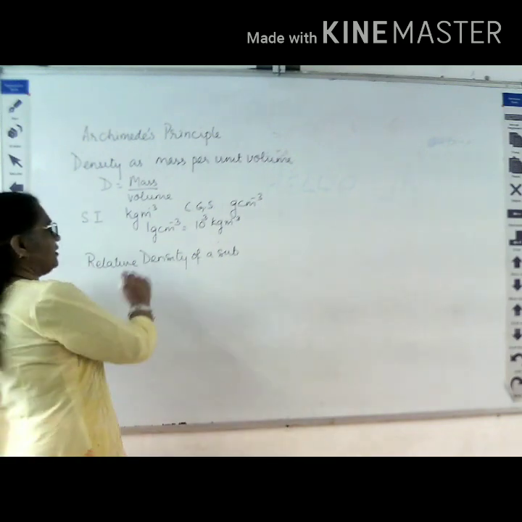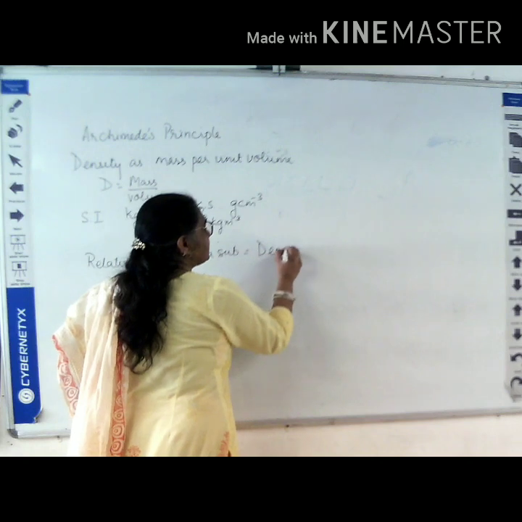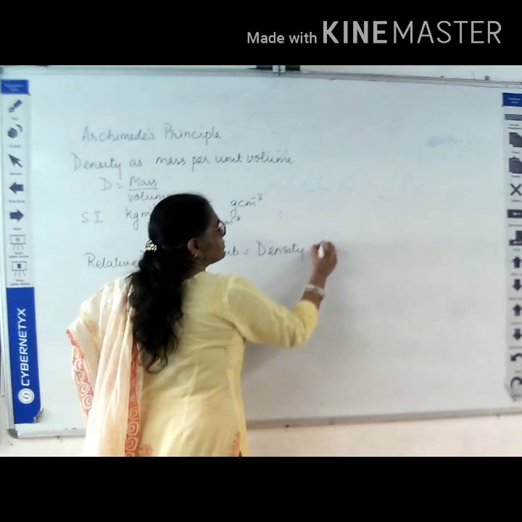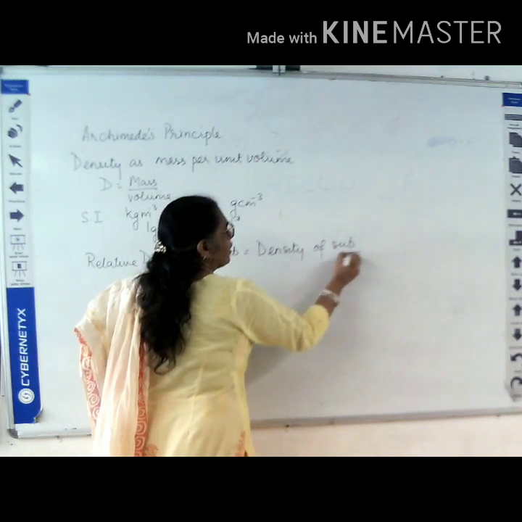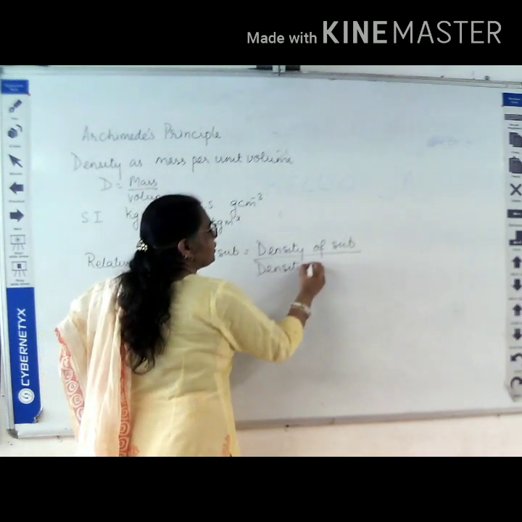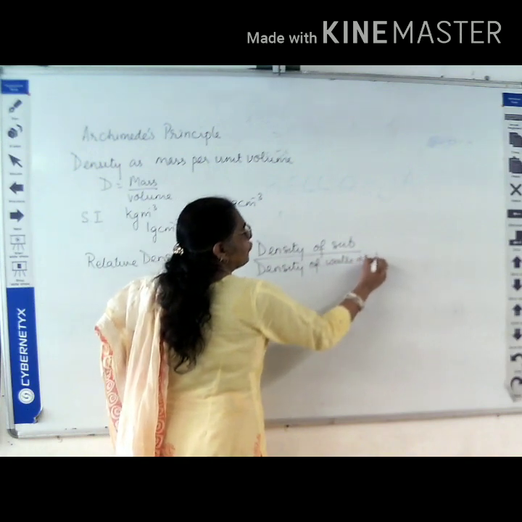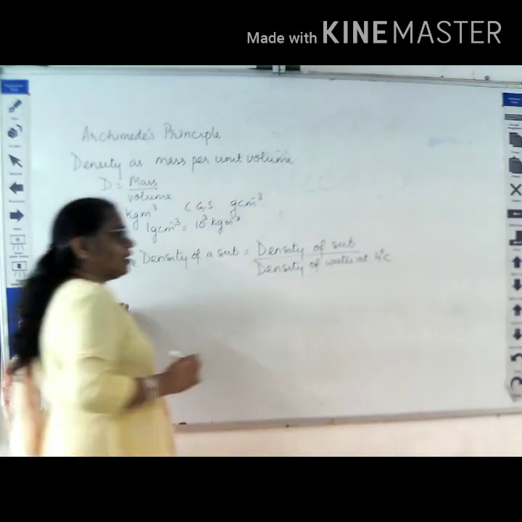So I can write relative density of substance is equal to density of substance upon density of water at 4 degrees Celsius.